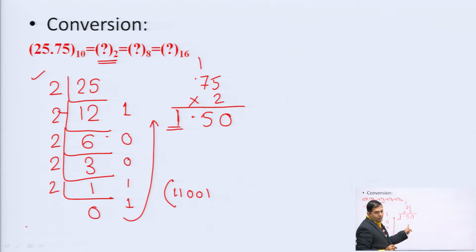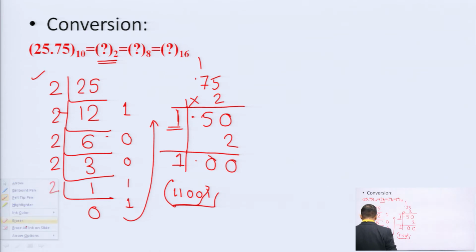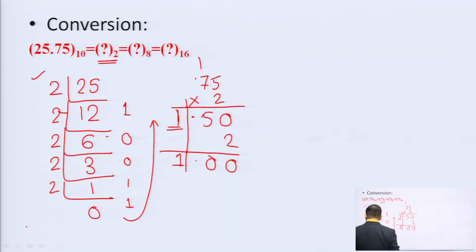Again we multiply the fractional part by 2, and the integer part is kept aside. So, again we take the integer part and again we multiply, and it comes as 0.0.